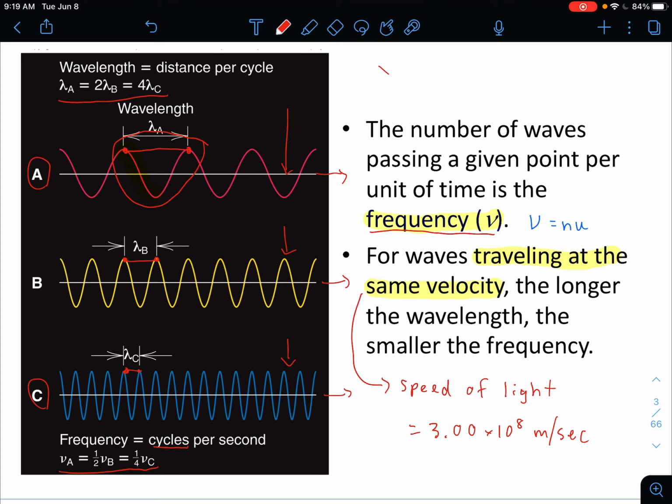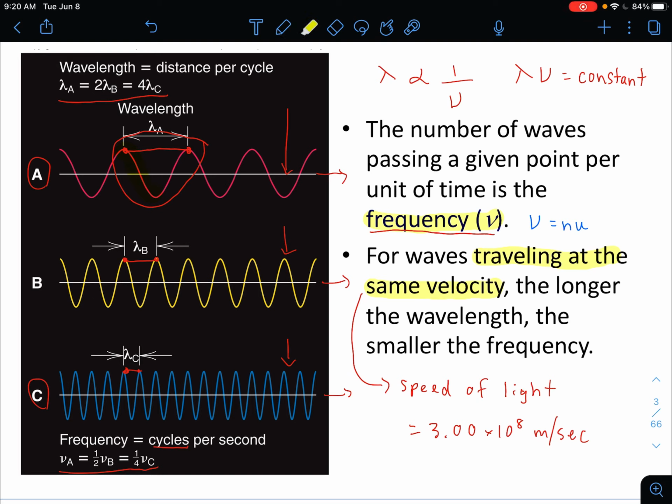So then we would say lambda, the wavelength, is inversely proportional to nu, the frequency, or lambda nu equals constant, right? If one value goes up, the other one goes down. If one value goes down, the other one goes up.